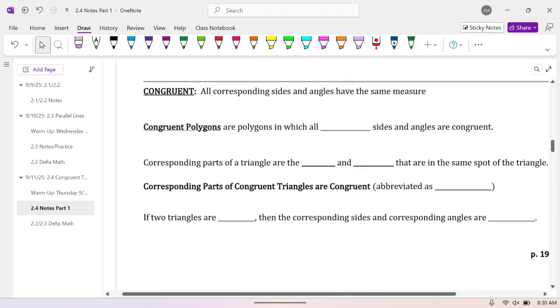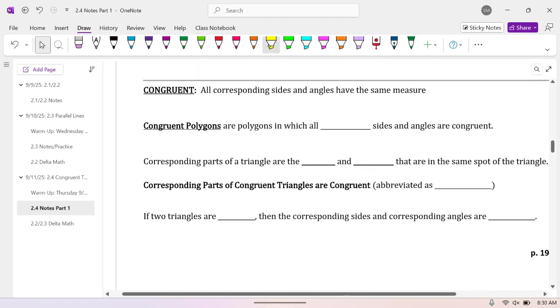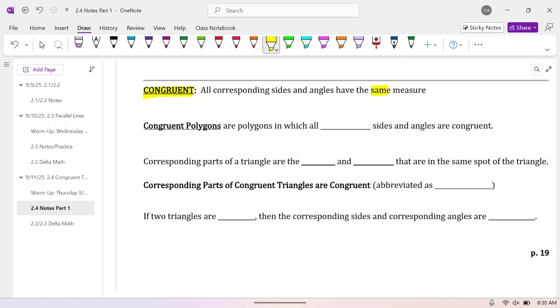All right. So again, with congruent, all corresponding sides and angles have the same measure. So sides and angles, same measure. Congruent polygons, just to repeat it, are polygons whose corresponding sides and angles are congruent.